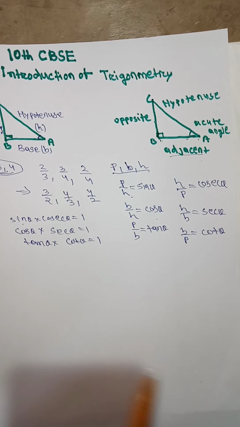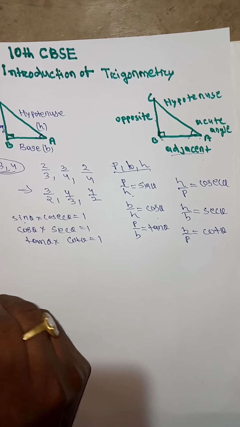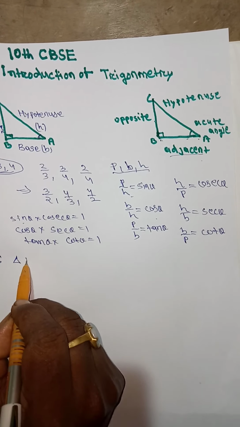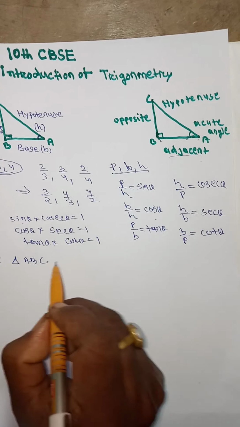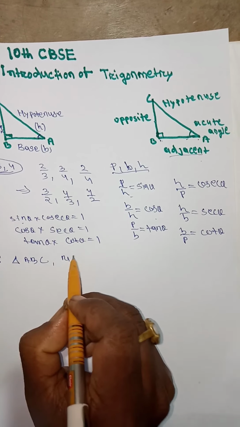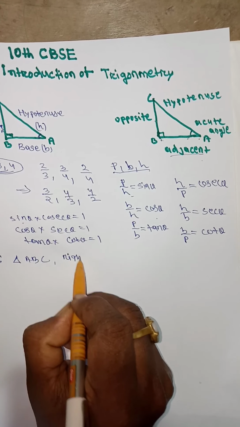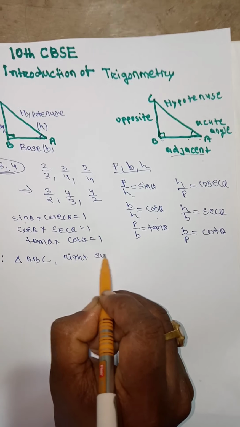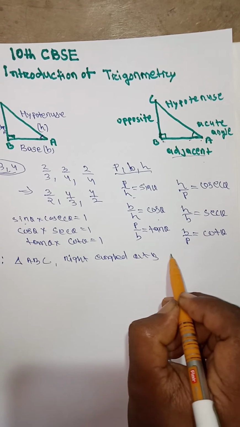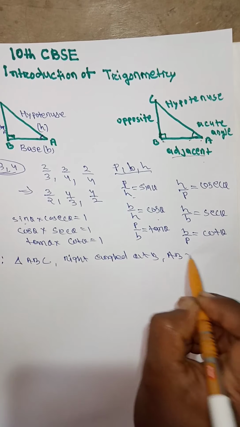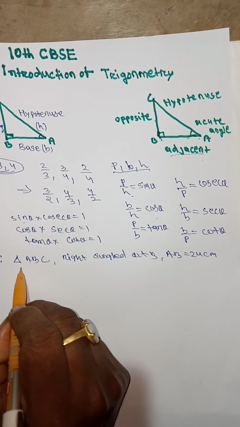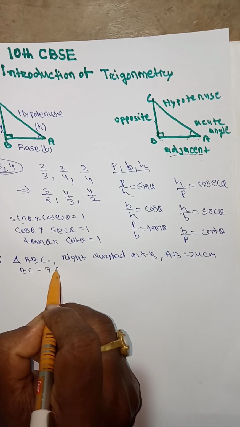Now solve a question. Example: triangle ABC, right angle at B. AB is equal to 24 cm, BC is equal to 7 cm.